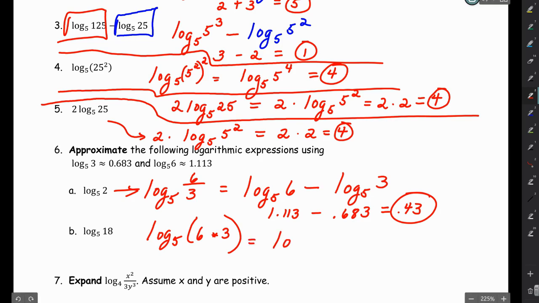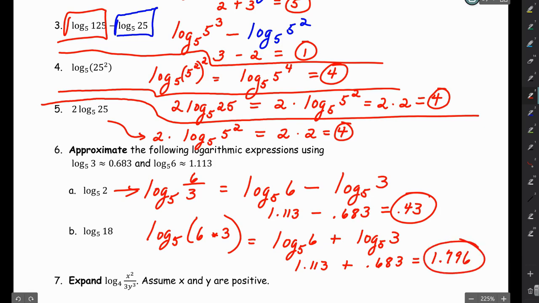So this is going to be log base 5 of 6 plus log base 5 of 3. I'm not allowed to use my calculator. I know that log base 5 of 6 is 1.113. Log base 5 of 3 is 0.683. When I add those together, I get 1.796. Okay?